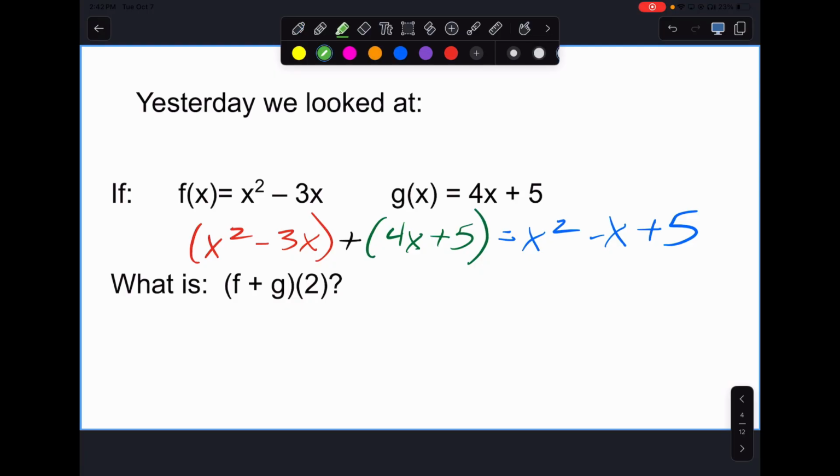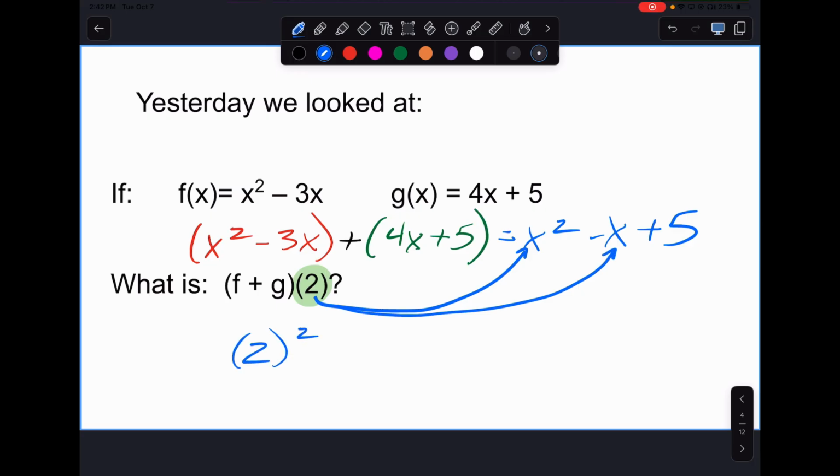Now, like we just talked about, if we want to evaluate this function for when x is 2, where am I going to put the 2? I'm going to put the 2 everywhere that I see an x. So it's going to be (2) squared minus (2) plus 5. I'm going to get in the habit, and I think it's a good habit for you, of always putting that in parentheses, because when it's a negative, it's going to matter.